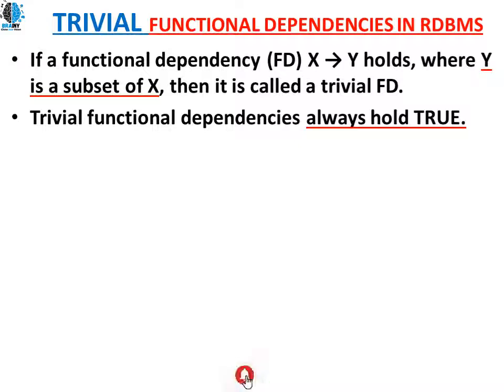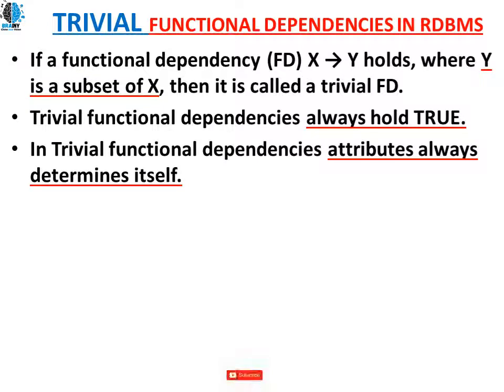If I have a dependency X on Y, it always holds true. It is not an invalid case, it is always a valid case. In trivial functional dependencies, attributes always determine themselves.